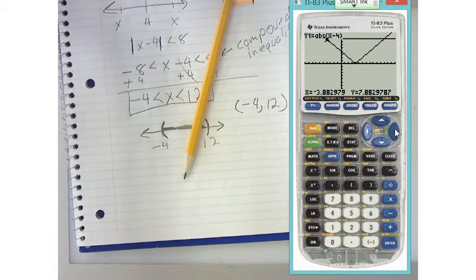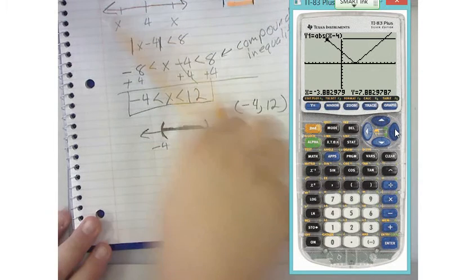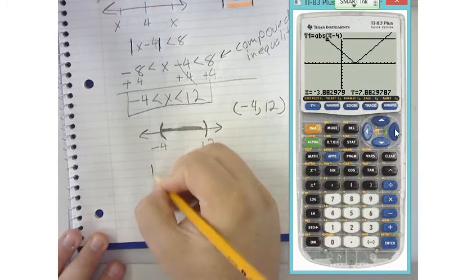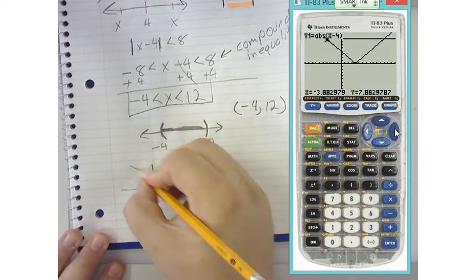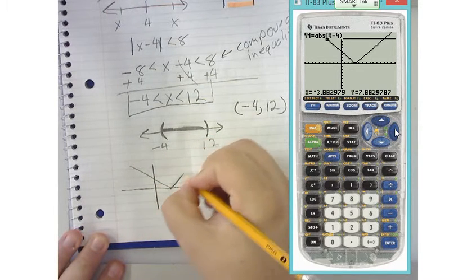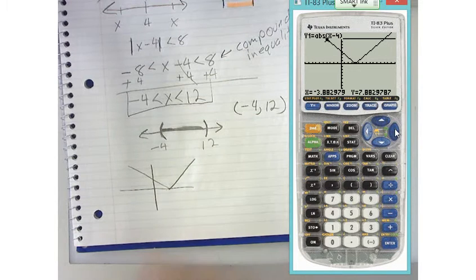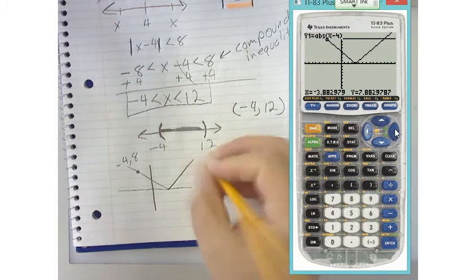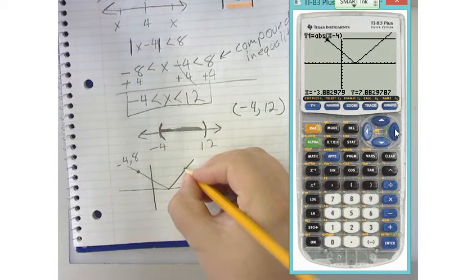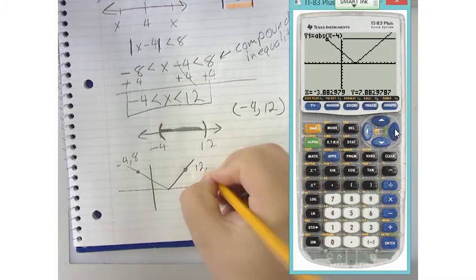So now how could I sketch that graph to let me know what the answer is? Well, I have a function that comes down like this. We have this point here, negative 4, comma 8, and then we have this point here, 12, comma 8.